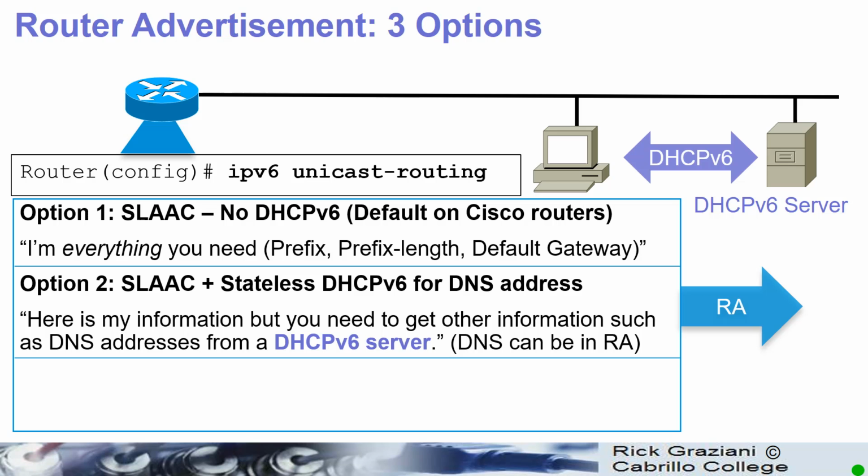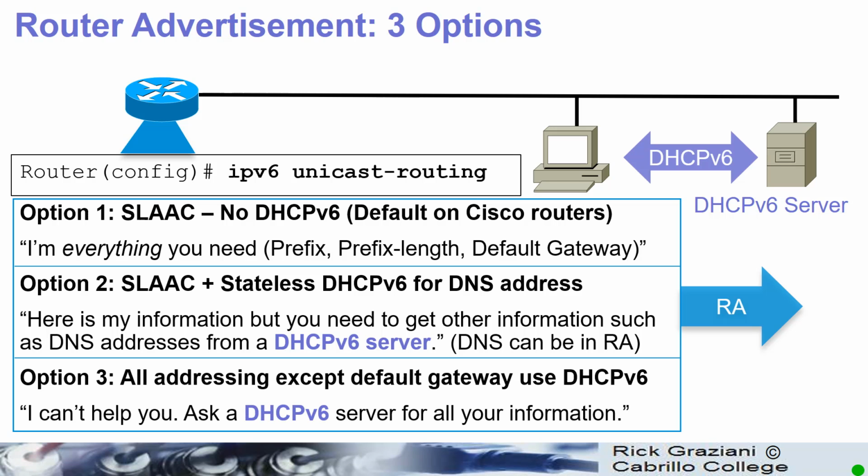So all the addressing, except for DNS, will come from the router. Third option, all addressing except the default gateway will use DHCP. Basically, the router is saying, hey, I can't give you anything. Here's the information for the DHCP server. And I'll send this as a router advertisement.